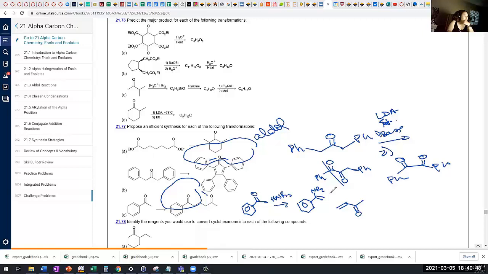So this can essentially react at that position. And after you're done with the Michael addition, you're going to end up with this thing. I'm just kind of drawing it upside down, but it's fine. And then if you hydrolyze this, this goes back to that product that you want.